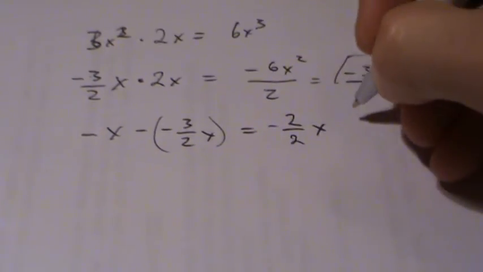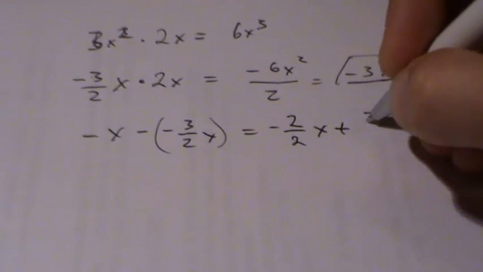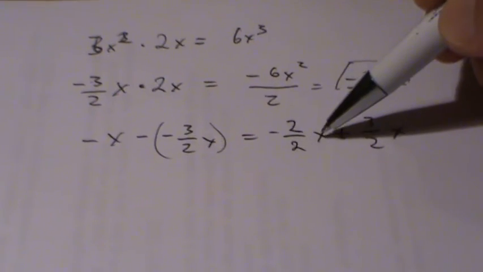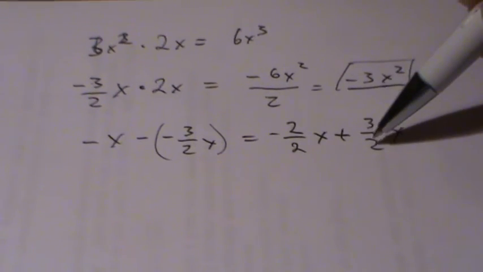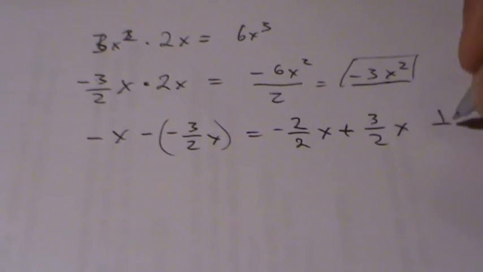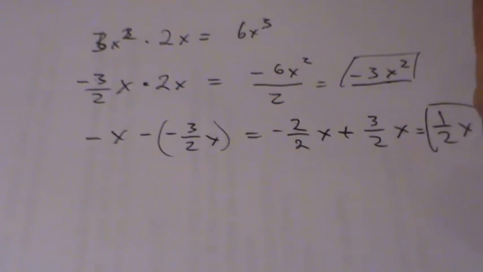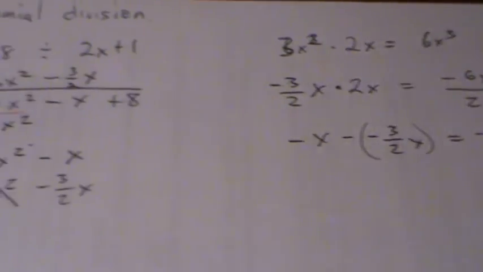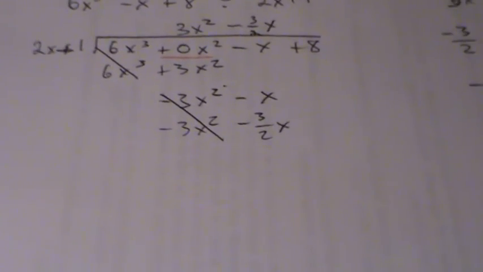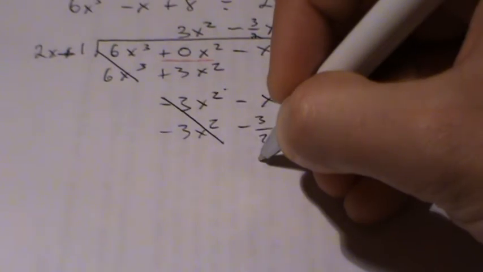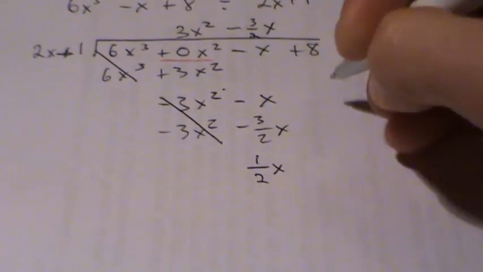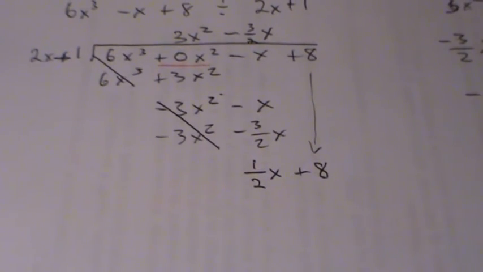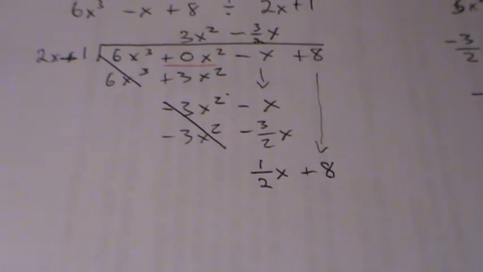These two negatives combine for a positive, and that becomes 3 halves x, for a total of a negative 2 over 2x plus 3 over 2x, for a total of 1 half x. Okay, 1 half x. And so I'll write over here the 1 half x. And finally I drop the 8. Remember, I dropped it up here as well.